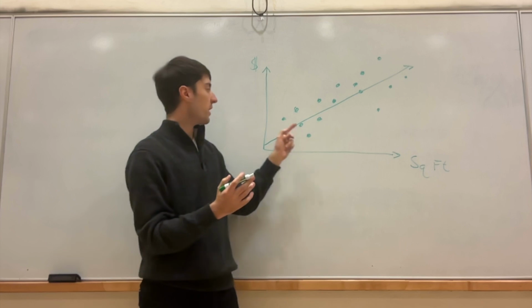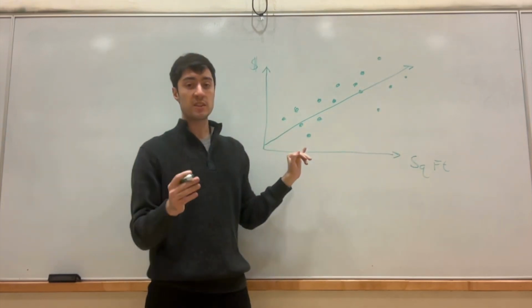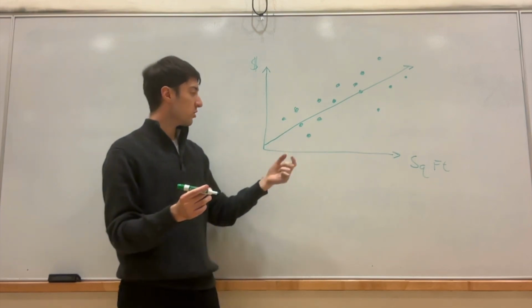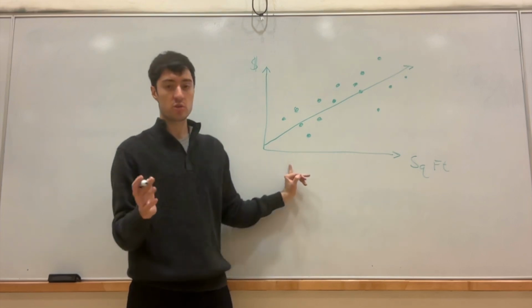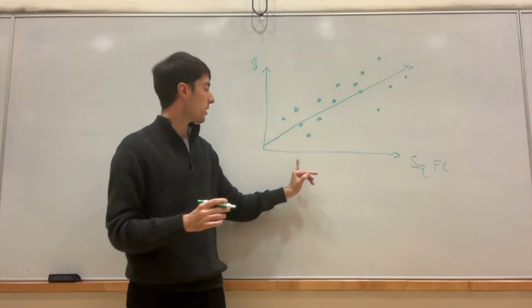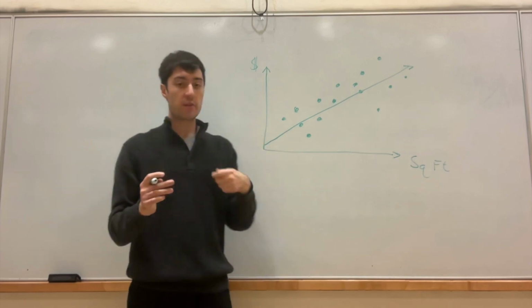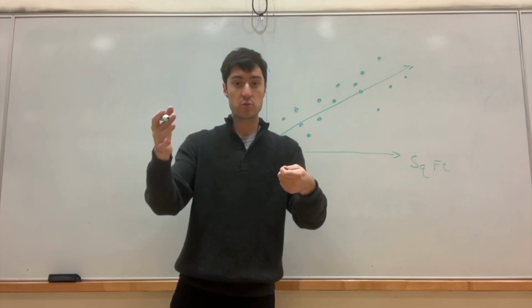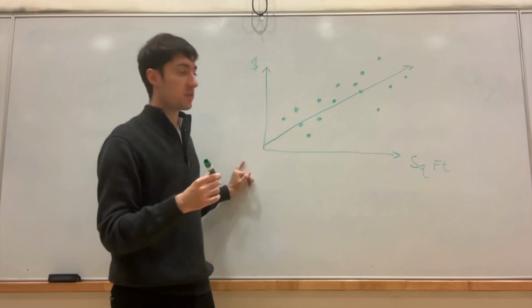Then we have our training data here. Each of these is an individual instance. In this case, it's a house, and we are given both the inputs, which in this case is just one input, and the corresponding output. So we're given both the inputs and the actual value which we will try to learn. In this case, it's the price.